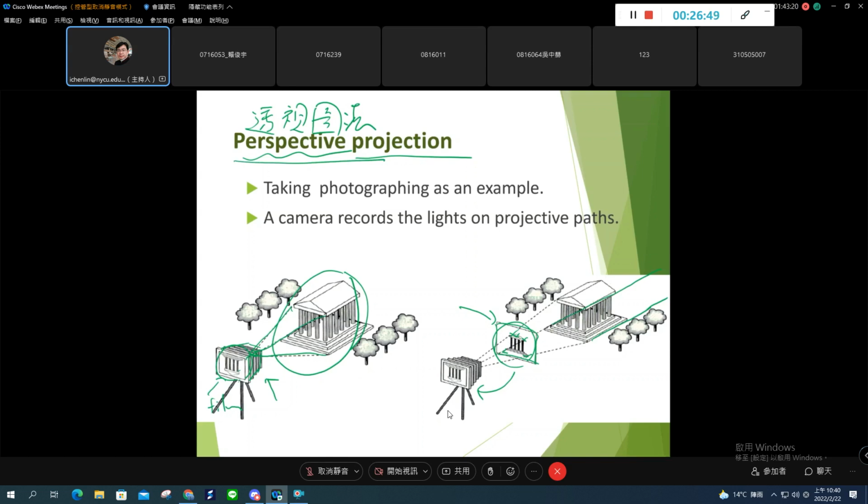For instance, if you have a tilted box here, we can get the vanishing points at certain places. We will have some other figures later. So the pinhole model and the perspective projection are one of the most common tools for us to analyze the 3D scene.